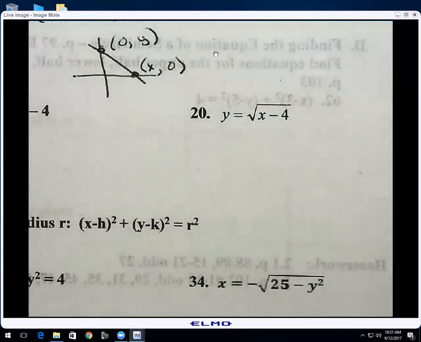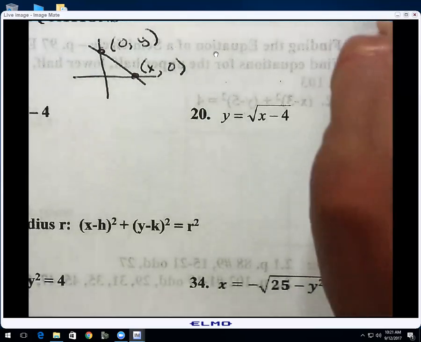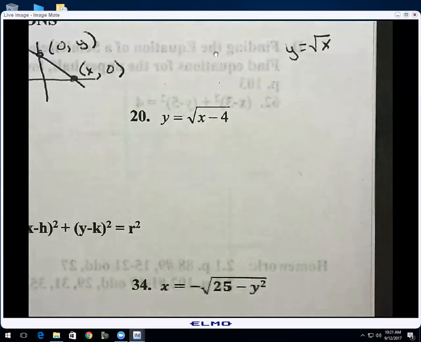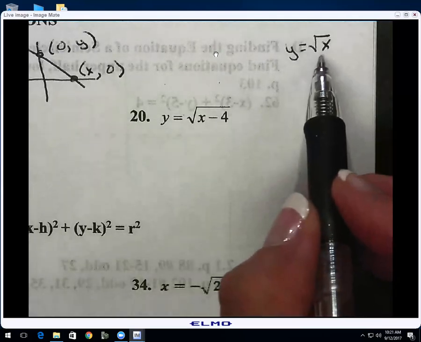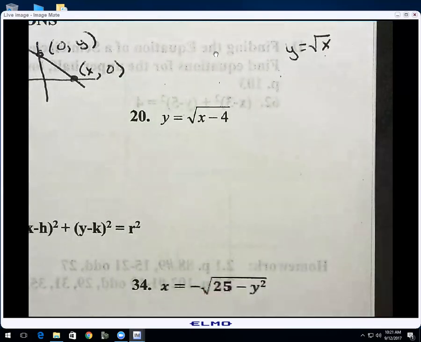Same thing on number 20. I know you could graph that, or it's supposed to be one of the graphs that you have memorized from college algebra. What's y equals the square root of x? Remember the shape of that graph? If I squared both sides, I'd have x equals y squared. What does x equals y squared look like?